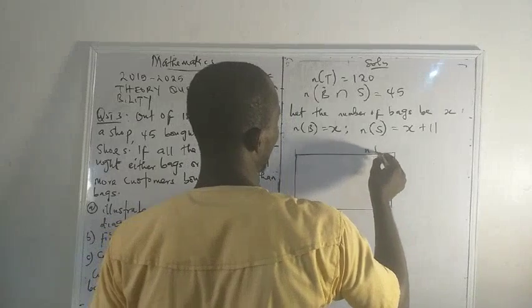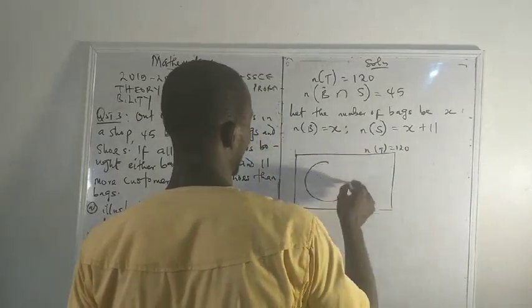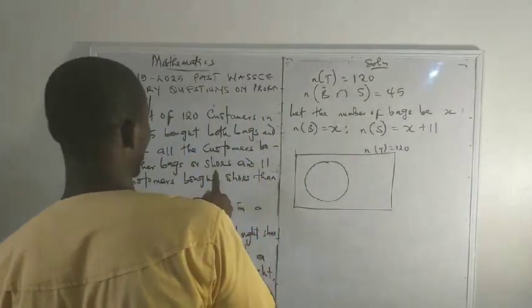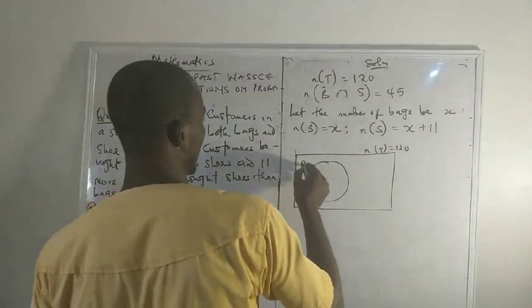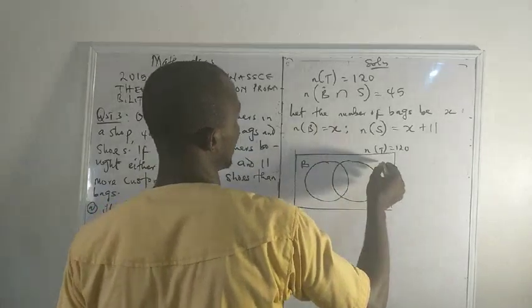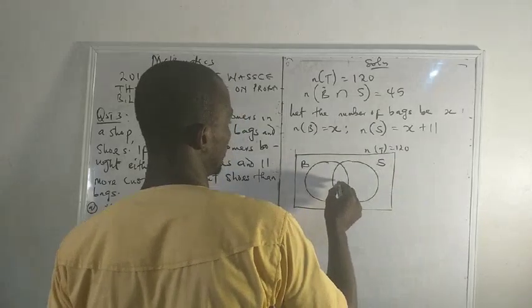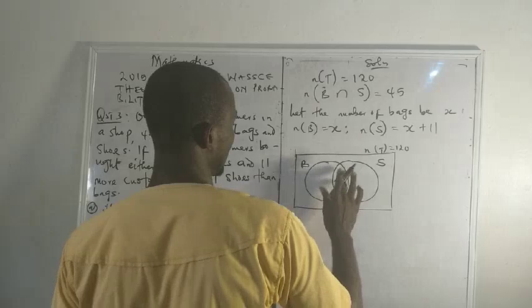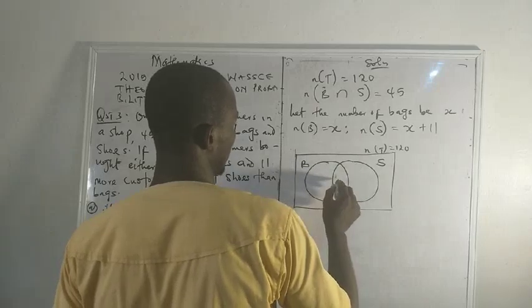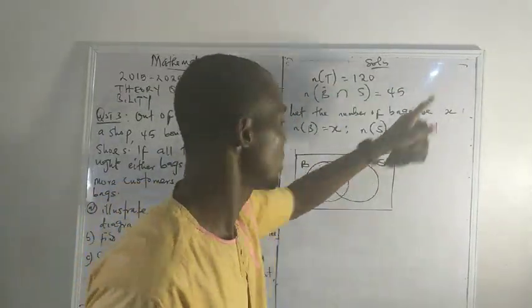So this is our number of total outcome, which is 120, and then we have this would be for bags, and then this will be for shoes. Already we know that this one means intersection, that is number of bags and shoes.